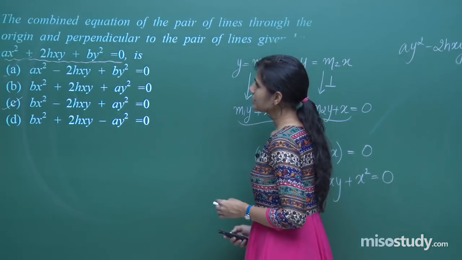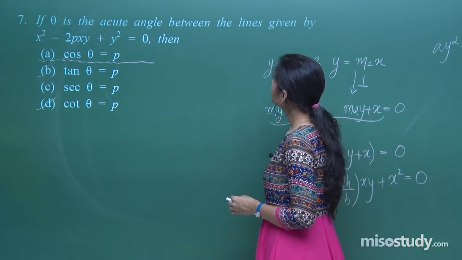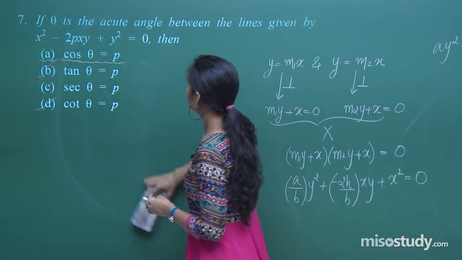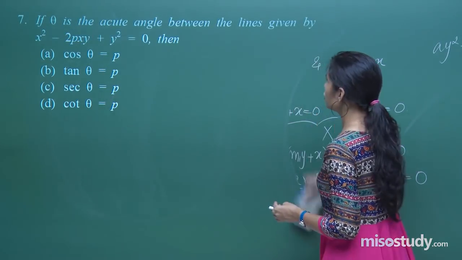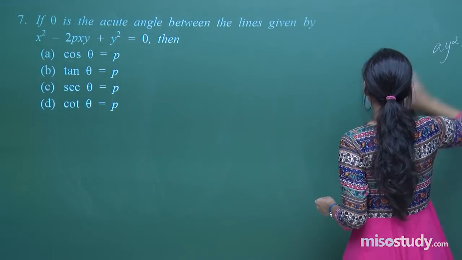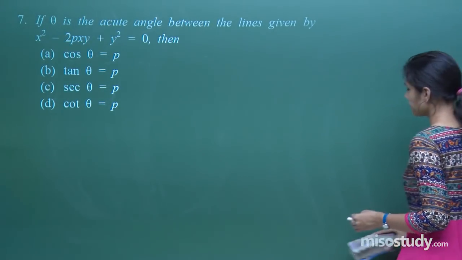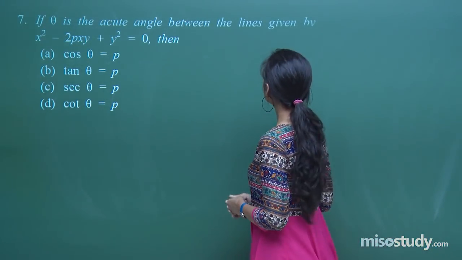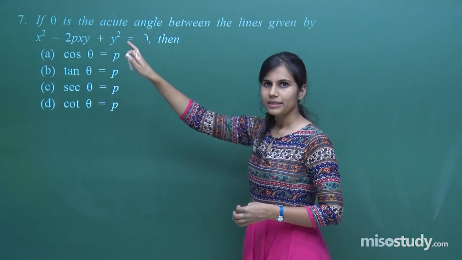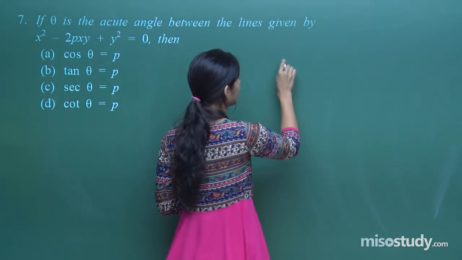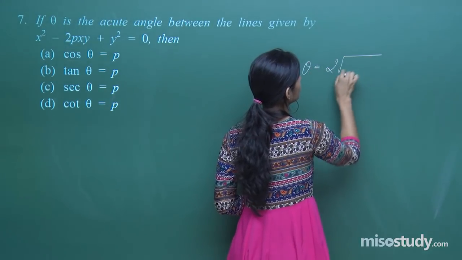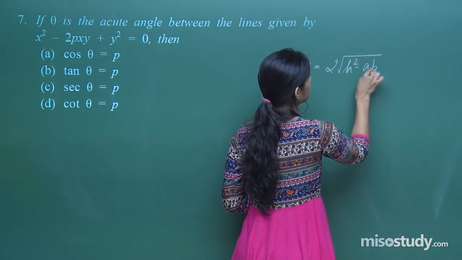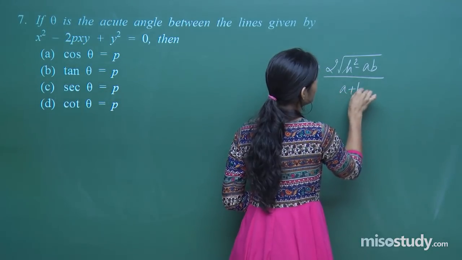Now the next question says what? If theta is the acute angle between the lines given by this combined equation, then you need to talk about this relationship being satisfied. So how do you represent that? Tan theta is twice under root h square minus ab upon a plus b.